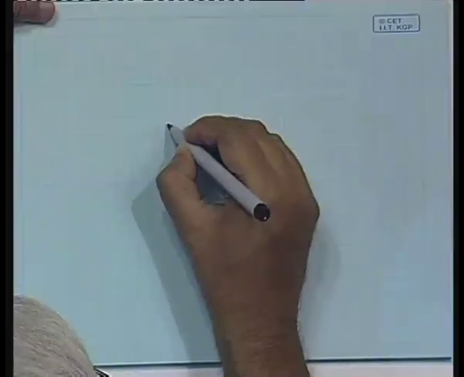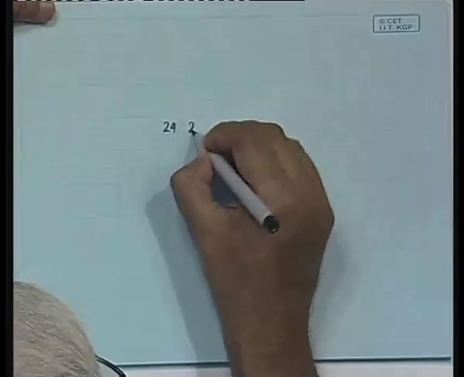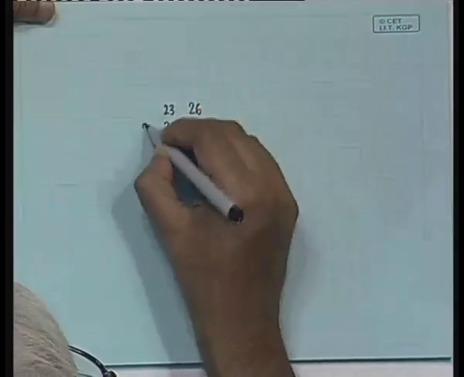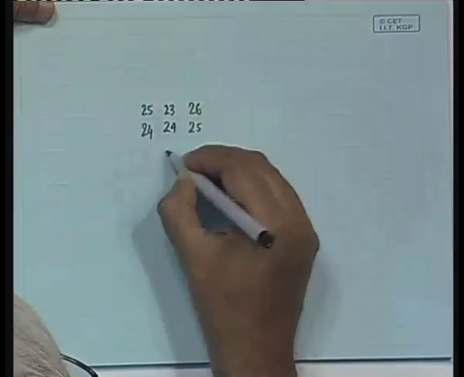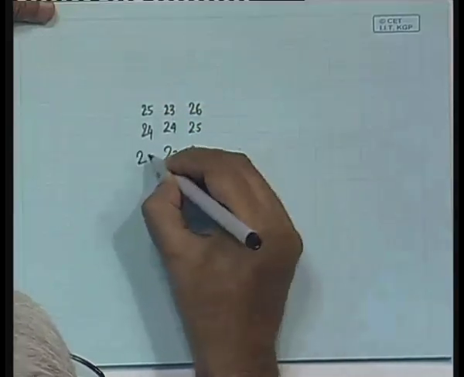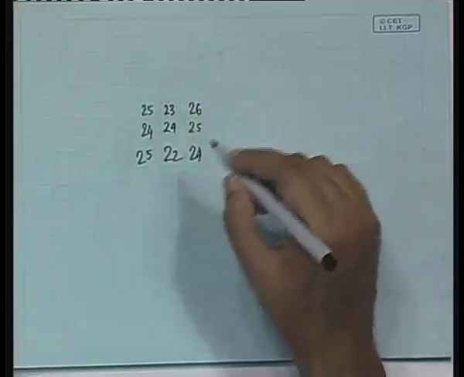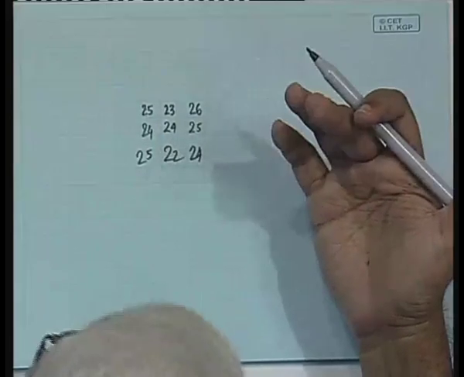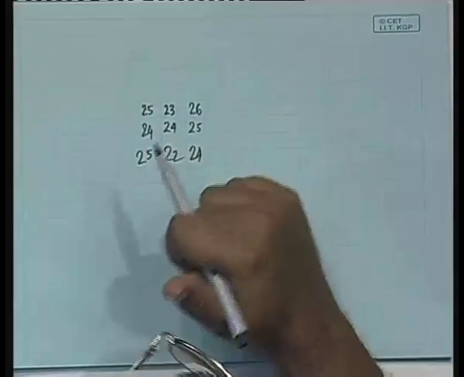Number jugglery means that wherever the numbers are quite similar, if we have a patch of image, supposing we have a patch where the pixel intensity values happen to be like this: 24, 25, 23, 24, 25, 22, 24, 25. So, you can see that here the average intensity may be of the order of 23 or 24, and there is a small amount of variation.